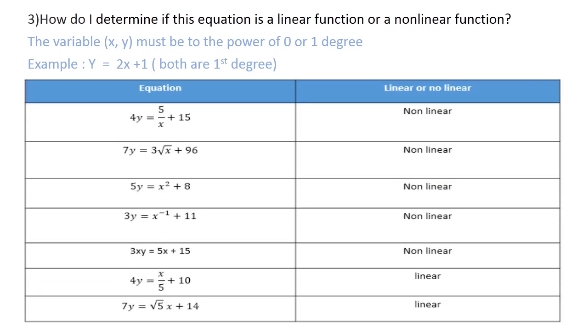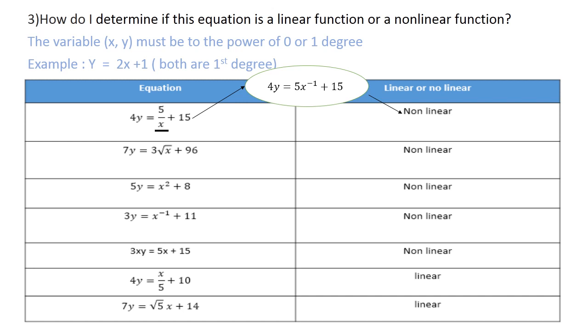First, 4y equals 5 over x plus 15. We can rewrite this equation as 4y equals 5x to the power minus 1, plus 15. Here x is to the power of minus 1, so it is not a linear equation.